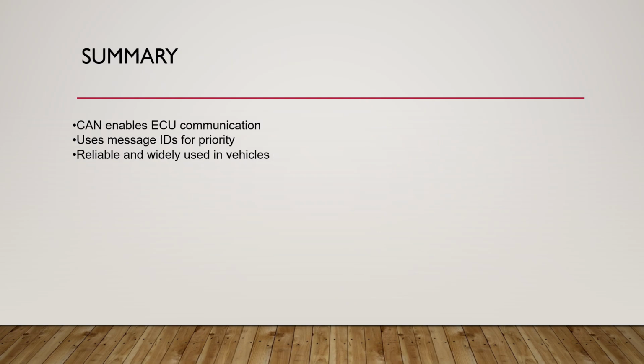And finally, CAN enables ECU communication. CAN is a way for different parts of a car to talk to each other. It uses a shared communication line, like a single line. Like this is one ECU, this is one ECU, and this is one ECU.